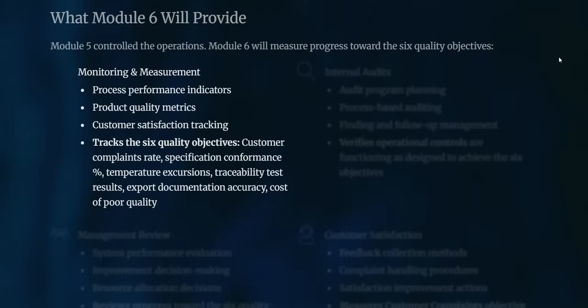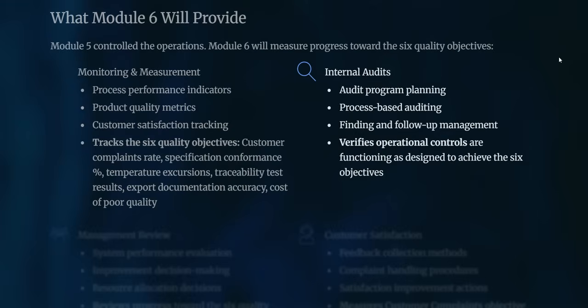It will also track the 6 quality objectives that we have been discussing through customer complaint rate, specifications performance percentage, temperature excursion, traceability test results, and export documentation accuracy and cost of poor quality.